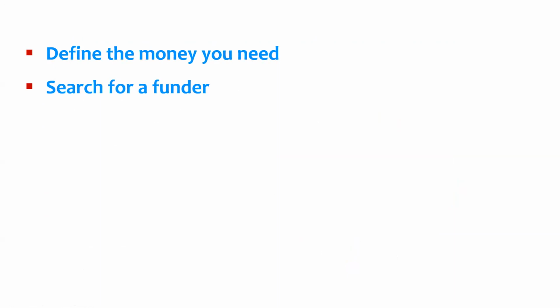Of course, sometimes you are calculating only the direct cost. No, you should write all money, حتى الأوراق اللي راح تنطبع، عملية النقل إلى آخره. Second is to search for a funder.